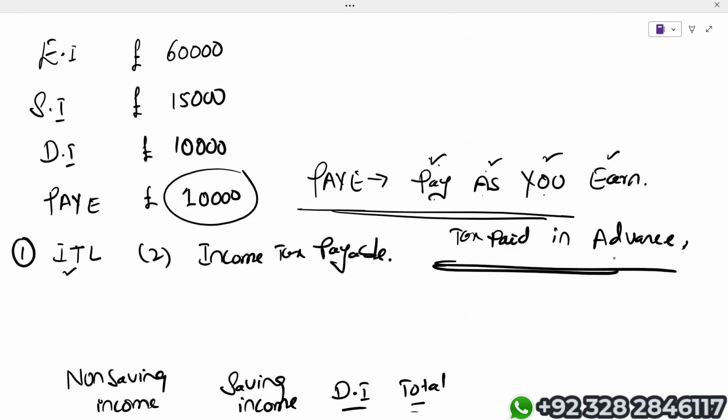This is the tax which someone has already paid in advance. Actually, when you are working as an employee in any XYZ organization, normally you will be paying tax under PAYE system. Logically, they will pay you your salary, everything, but first they will deduct the PAYE. This is the tax which actually you have paid in advance. Is that clear?